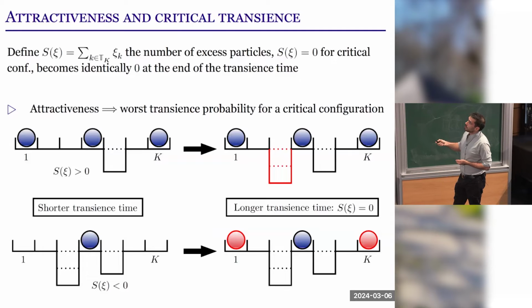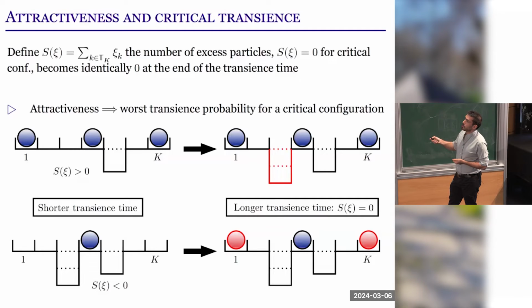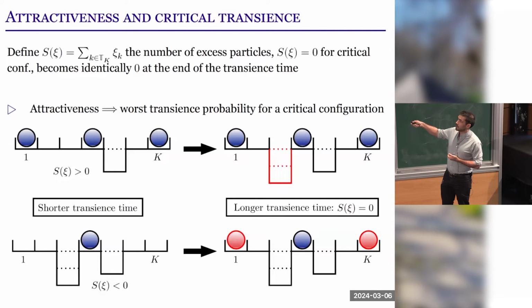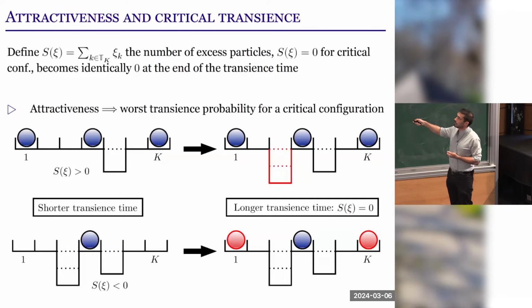Well, with attractiveness, you can see that if you have a supercritical configuration, with more particles than trap depth, it's going to take a shorter time for this one to become a SSEP than for this one, because here I have increased the number of traps. So if this one is no longer transient, then for sure you can couple the evolution with this one in a way such that this one is no longer transient either. So the critical configuration, at least in the supercritical case, is going to be among the worst case scenarios.